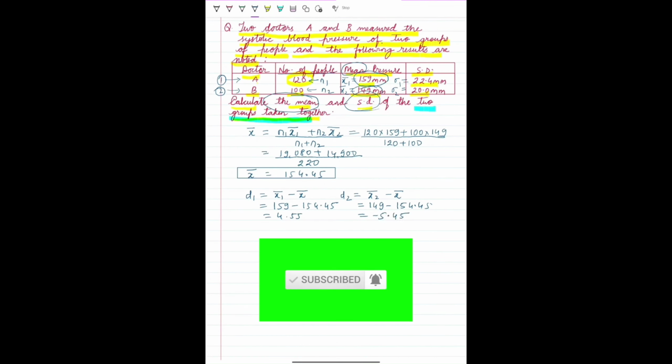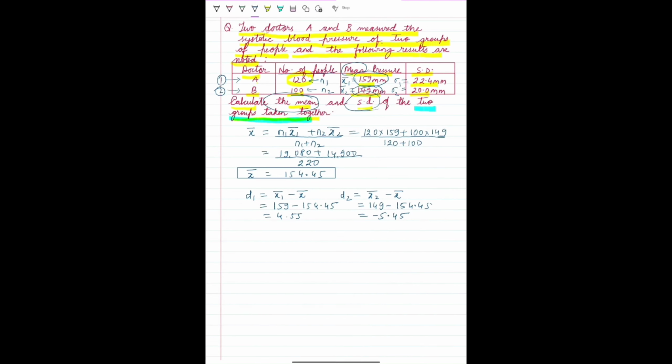Once we have d1 and d2, let us see the formula of combined standard deviation. It is sigma equals the square root of n1 times sigma 1 squared plus d1 squared, plus n2 times sigma 2 squared plus d2 squared, the entire thing divided by n1 plus n2.